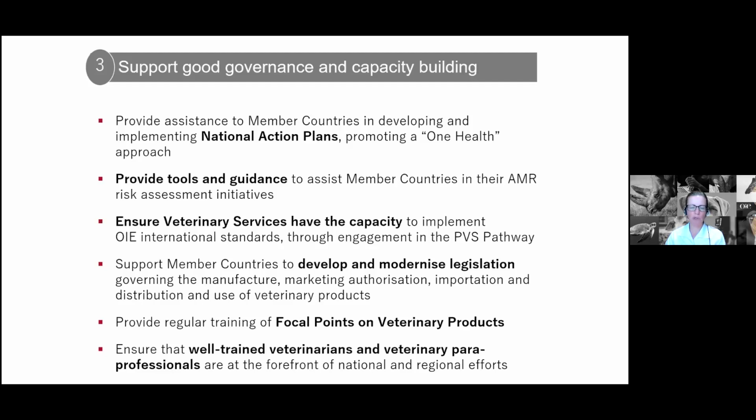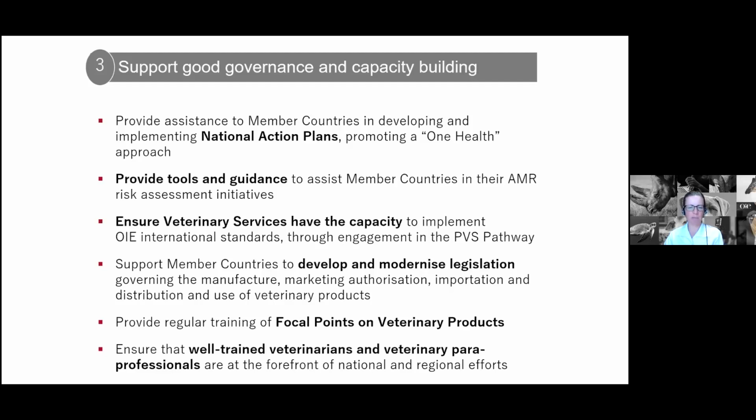So we will support also legislation within members, so developing and modernizing legislation covering areas such as manufacture, marketing authorization, importation and distribution, and also use of veterinary products. We have a number of focal points.